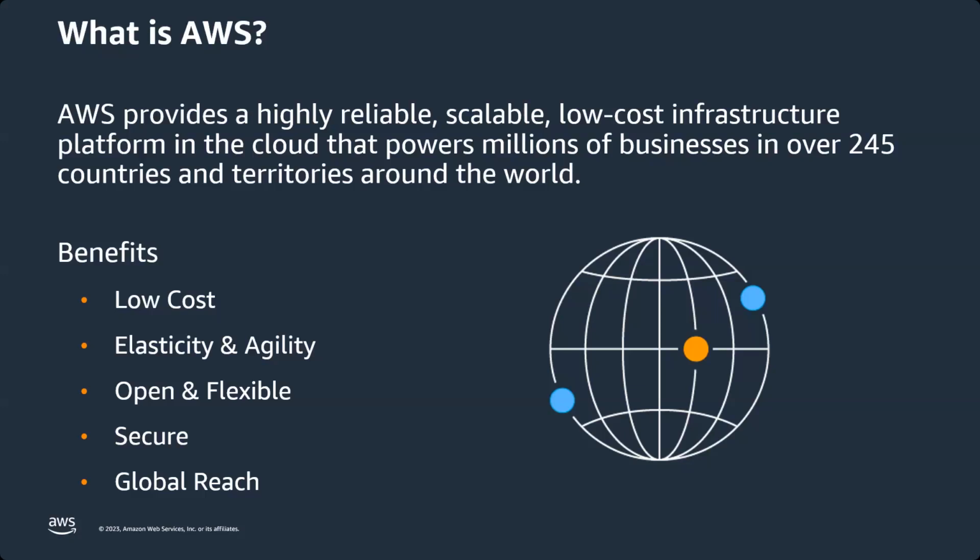At AWS, we talk about the shared responsibility model for security, although we will not talk about this in this session. And finally, the last point is about the global reach, right? Because it's very easy to build your applications and scale them for users worldwide.